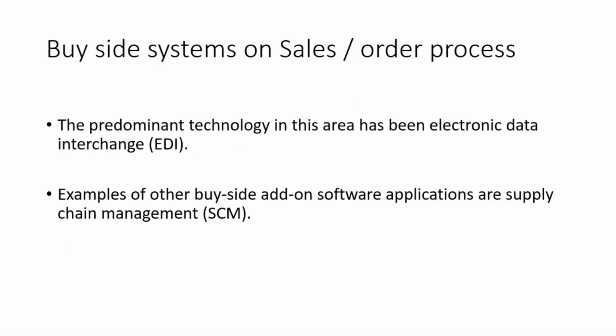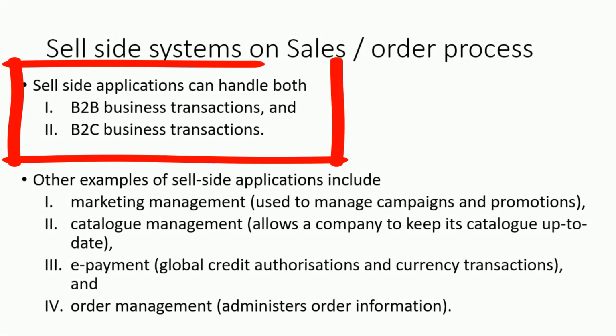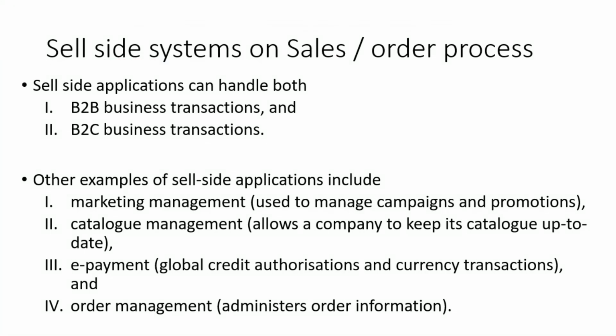The buy-side systems on the sales order process predominantly use technology such as electronic data interchange. There are also add-on software applications that are used, and an example of that is supply chain management. On the sales side, the sales side application can handle both business to business transactions and business to customer transactions.